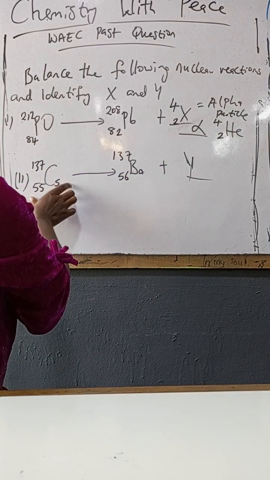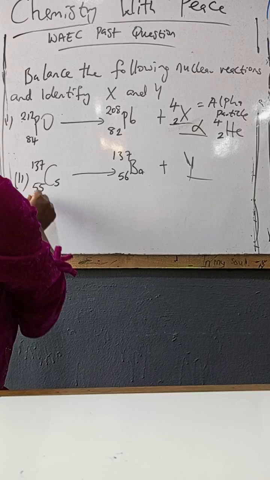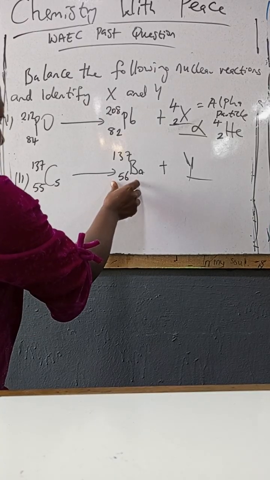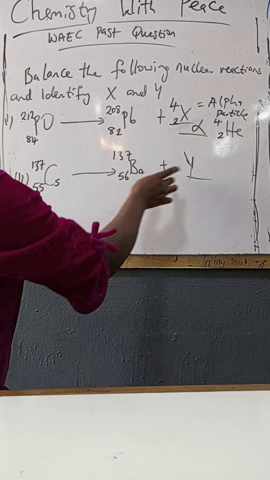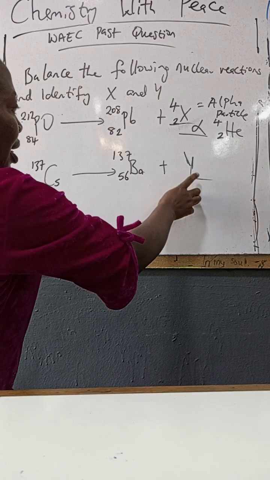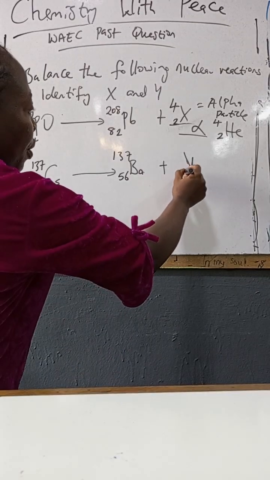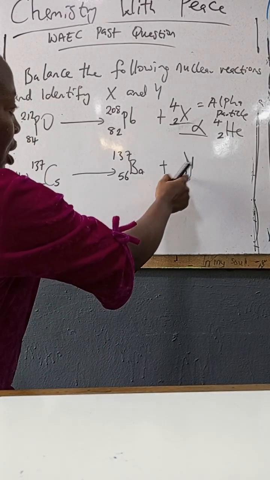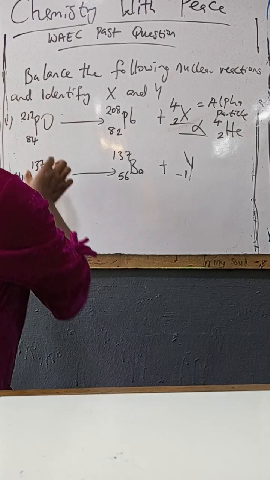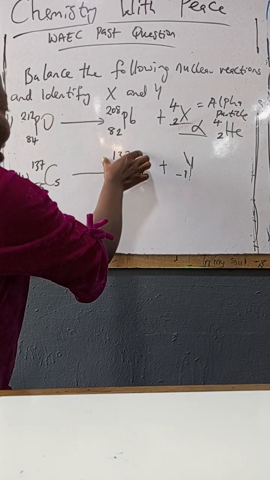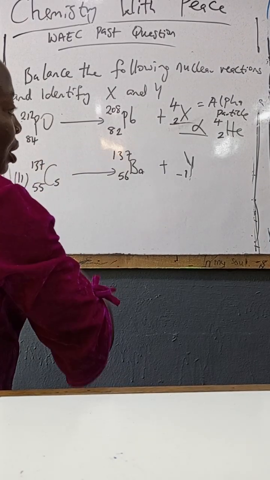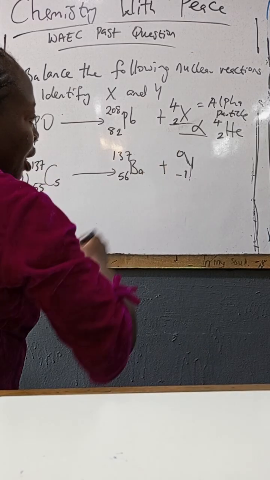Then for this second one, they are having 55 and 56. So to get this, that means here is minus 1. This is what? Minus 1. And here we have 137, 137. 137 minus 137 is what? 0.